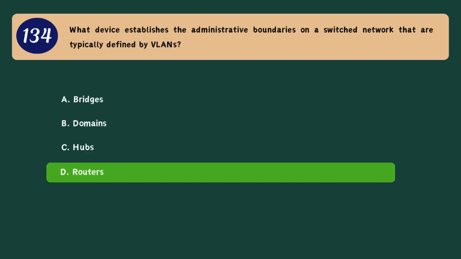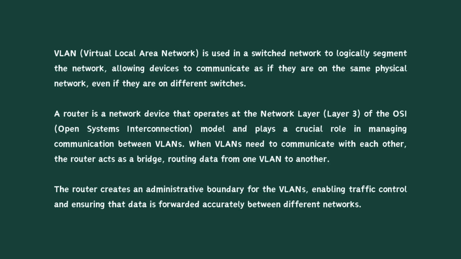Correct answer. D. Routers. VLAN, Virtual Local Area Network, is used in a switched network to logically segment the network, allowing devices to communicate as if they are on the same physical network, even if they are on different switches.